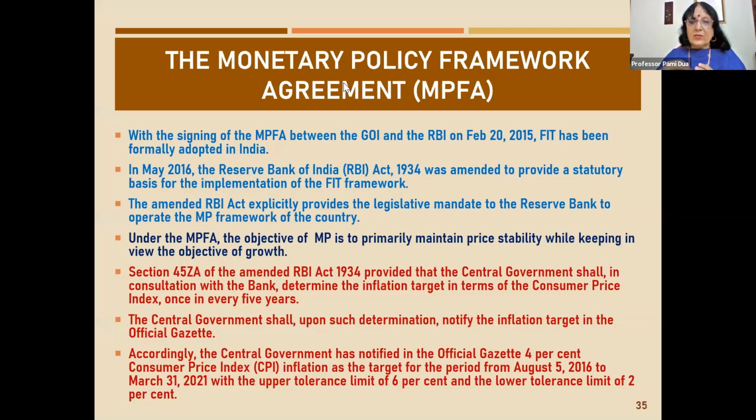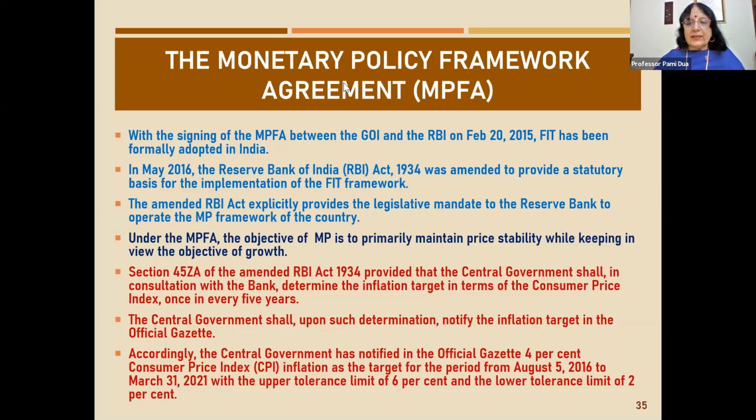And then in May 2016, the RBI Act was amended. With this amendment, the implementation of the flexible inflation targeting framework got a statutory status, and therefore this could then be implemented. And as I said, the official gazette notification was issued regarding the inflation rate of 4% plus or minus 2%.